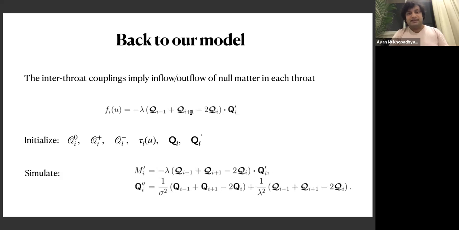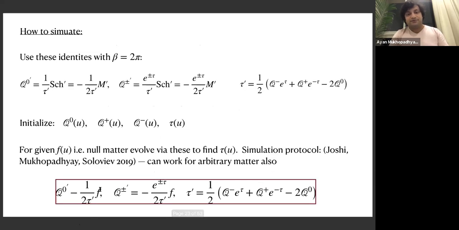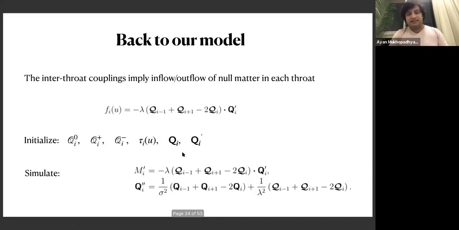Now on the right hand side of this f of u, you can simply substitute these particular coupling terms, and then you can forget about the matter sector completely, and directly use our equations to evolve them. You simply have to initialize these 3 SL2R charges, tau I of u, and also the hair degrees of freedom, and then this will give you a unique deterministic evolution.